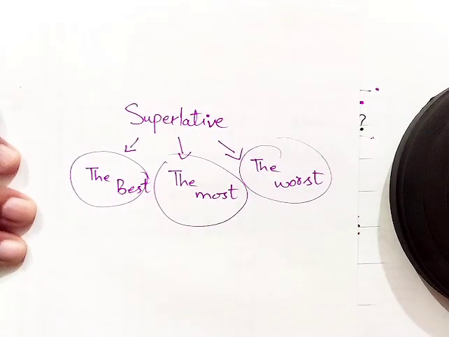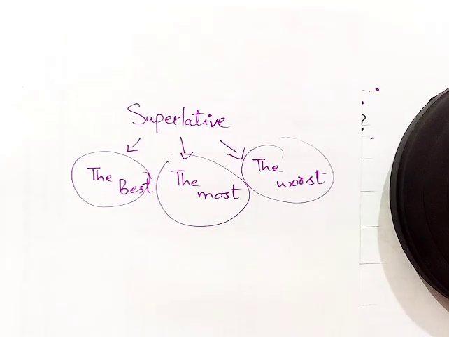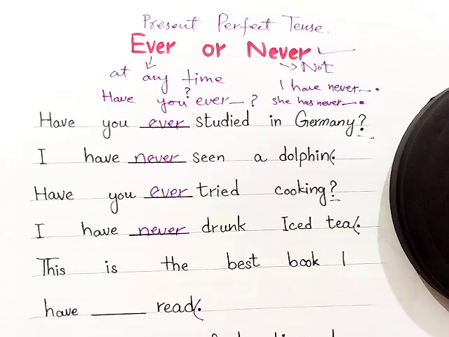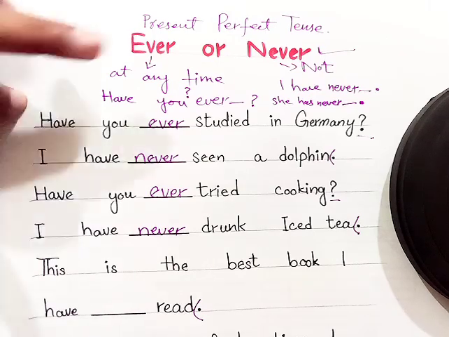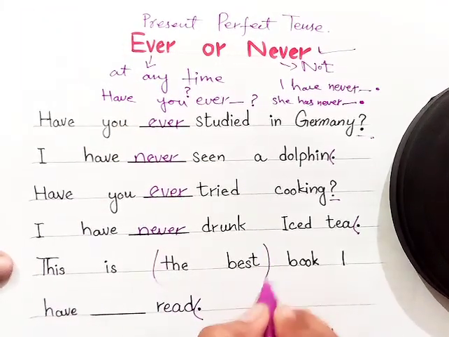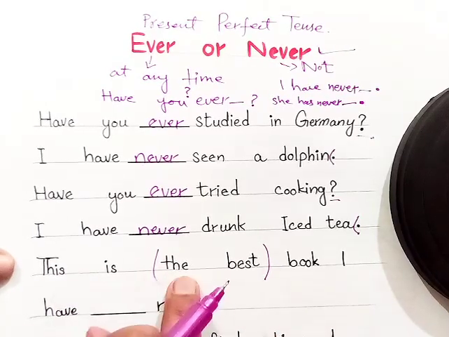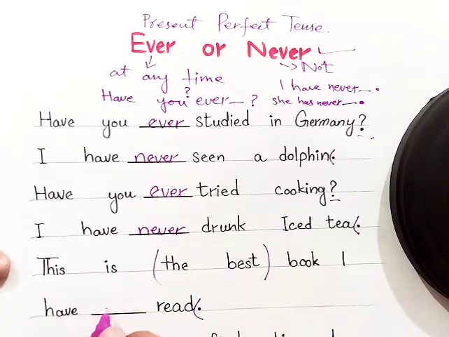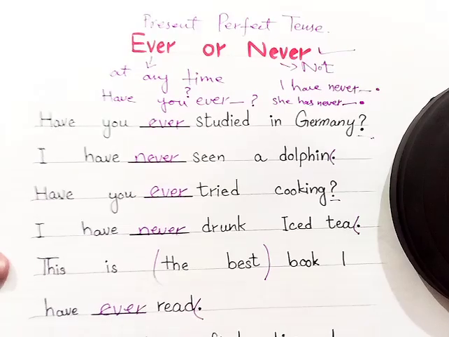These are superlative words. So whenever we have any superlative words in our sentence, we will use the word ever. This is the best book I have ever read.